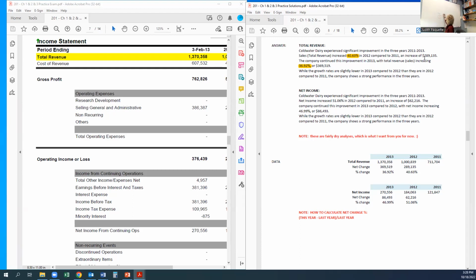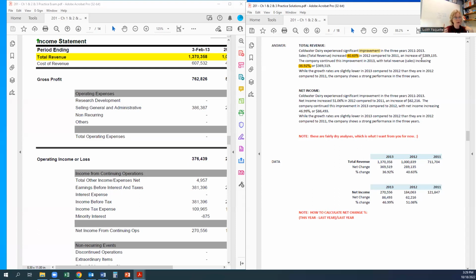So favorable, improved. That's another word for favorable. Unfavorable, declined. And neutral is just neutral, okay? So we said that, we named the company, we made a conclusion, improvement, and we said when this happened, because you can't just say they experienced improvement, you got to set the context.